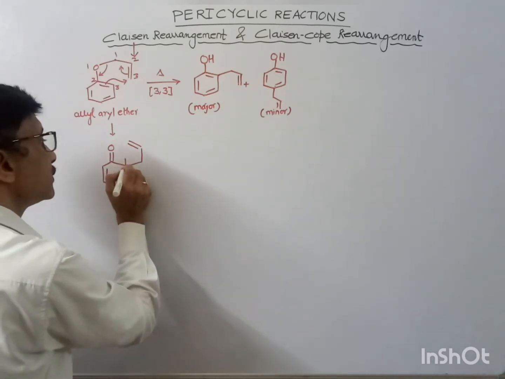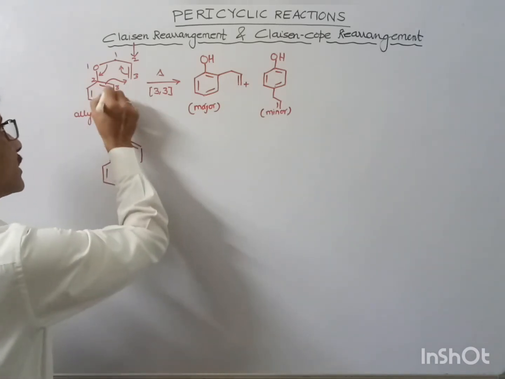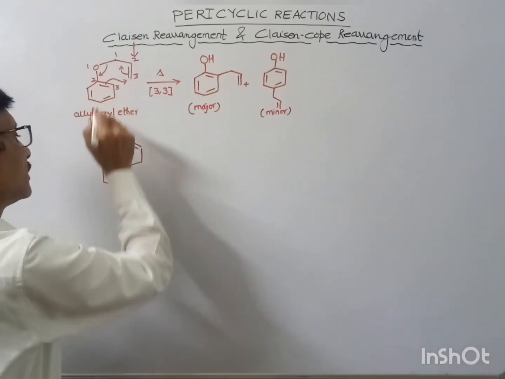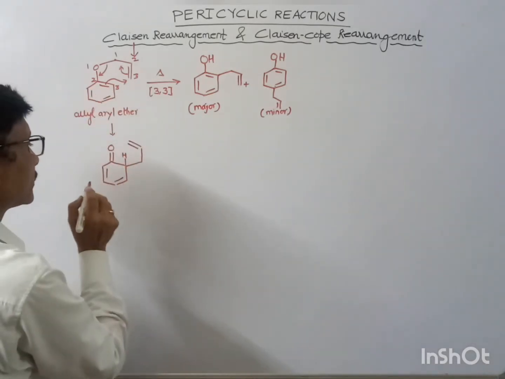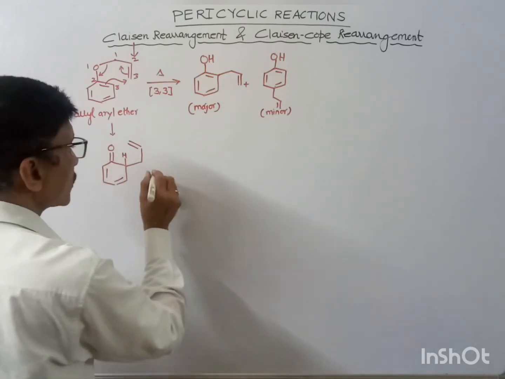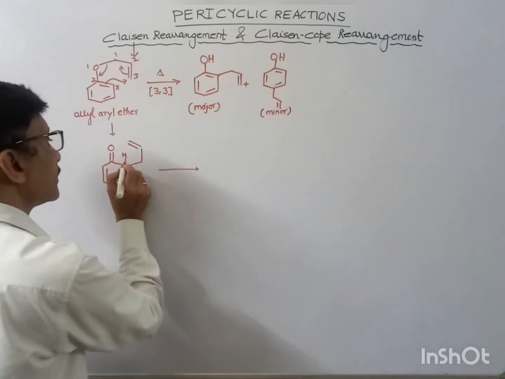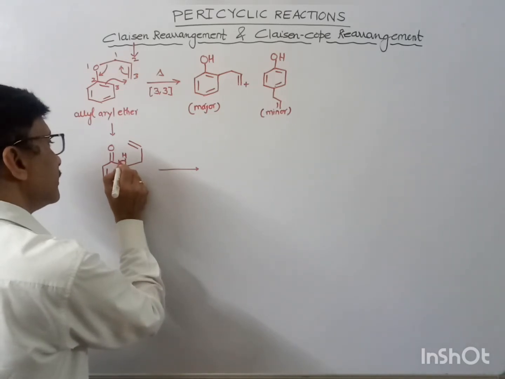Now if you see, the aromatic character of this benzene ring has become non-aromatic. This is non-aromatic and unstable, and in the next step the aromatic character will be regained.